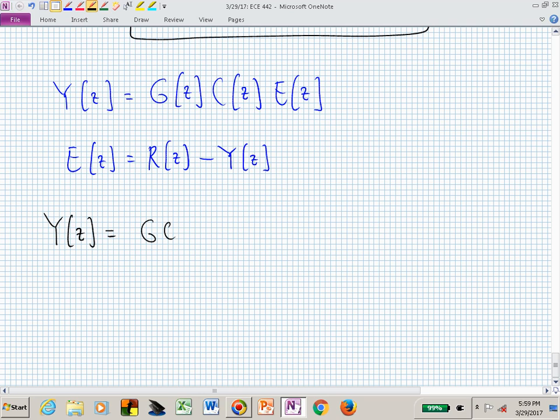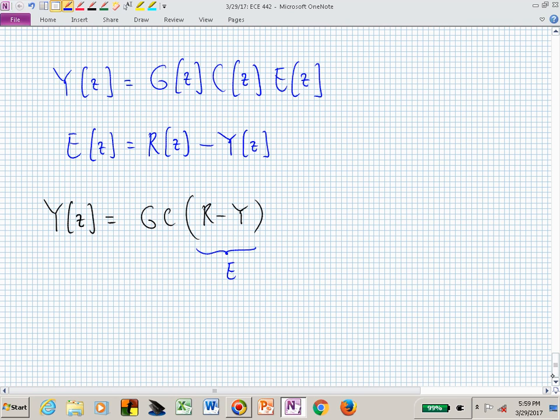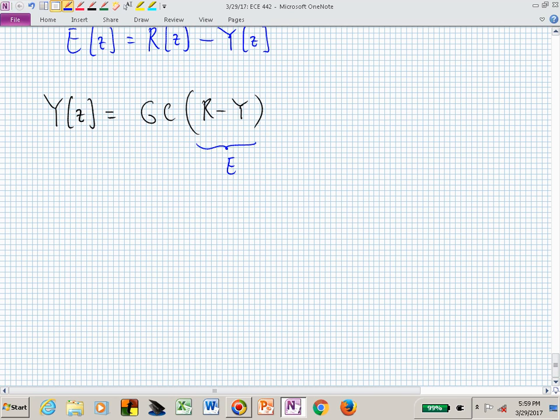But we now have GC times E. And E is now R minus Y. This was just using our formula for E. Now let's combine all of our terms that contain Y's and R's. I'm going to now pull that GC times Y term on the right to the left.